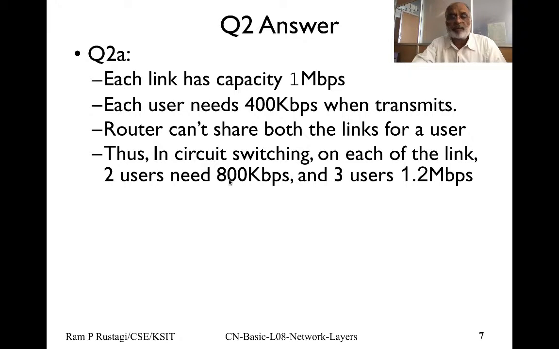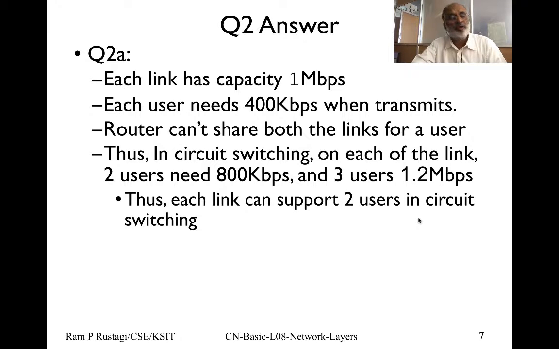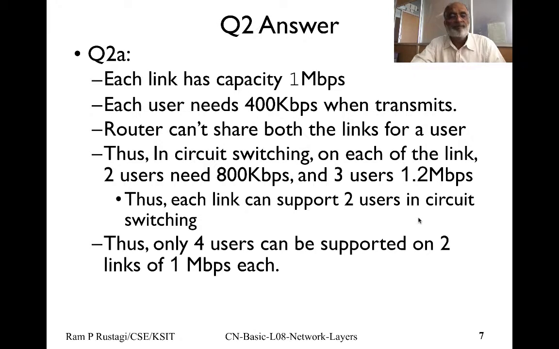Now that means on a link I can transmit only up to 800 kbps, and if there are 3 users we need 1.2 Mbps. Since my link capacity is 1 Mbps and a user cannot partially use 200k on one link and 200k on another link, that means one link can support only 2 users in circuit switching mode. And since we have 2 links, in circuit switching mode we can support a maximum of 4 users.